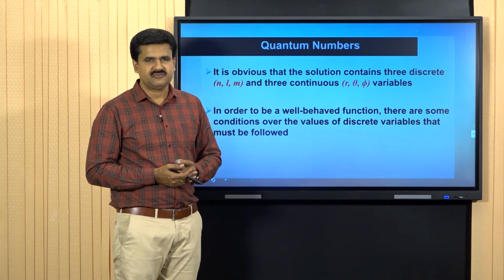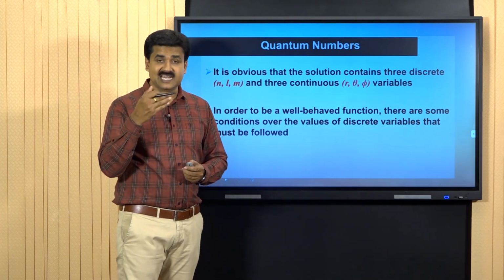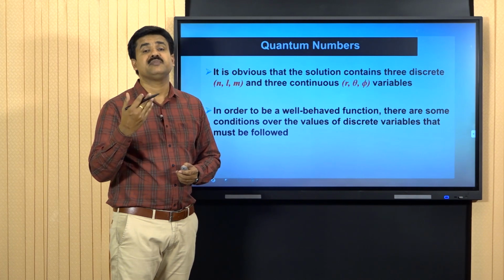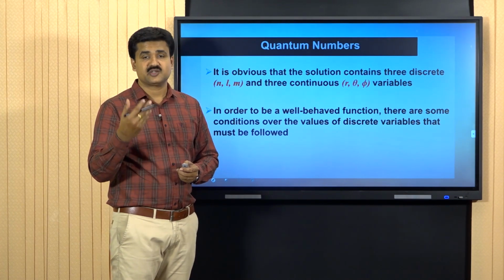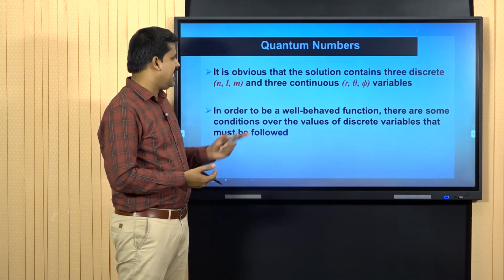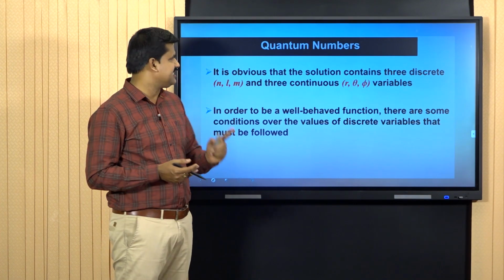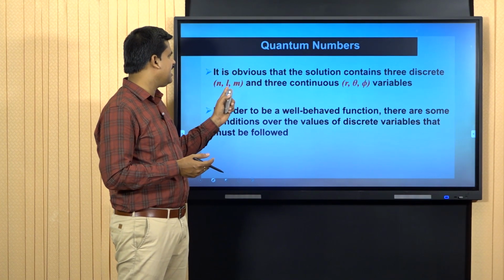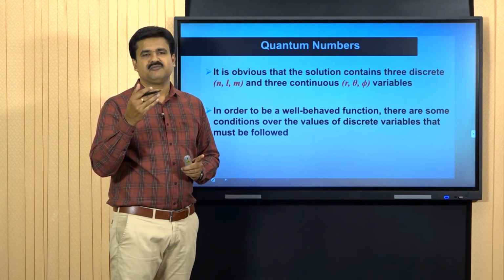We previously learned the conditions for a function to be well-behaved: single-valued, continuous, normalized, finite. For a function to be well-behaved, there are conditions on the values of the discrete variables that must be followed. That is, n, l and m must have certain finite values.